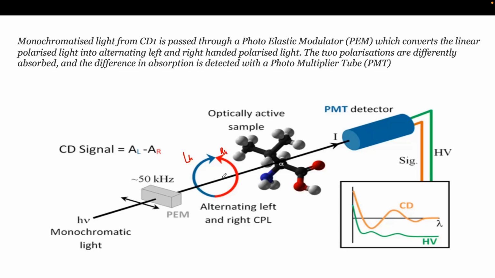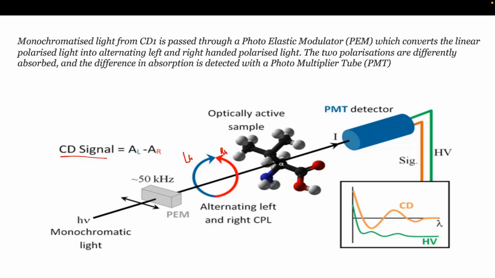According to the substance's characteristic, it will absorb either more right handed or more left handed polarized light. Then whatever transmission happens, a certain amount of left-handed and a certain amount of right-handed polarized light will be transmitted. That difference, the difference of left-handed and right-handed polarized light, is the CD signal.